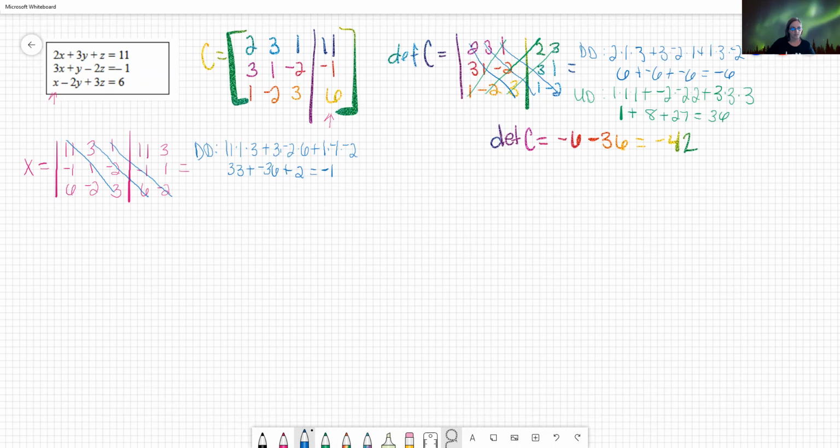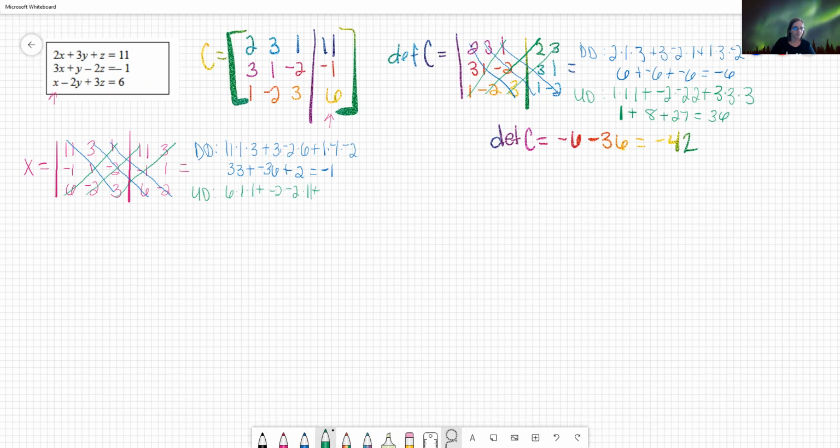Now we can find our upwards diagonals. 6 times 1 times 1 plus -2 times -2 times 1 plus 3 times -1. Oh, this isn't a 1. This is an 11.